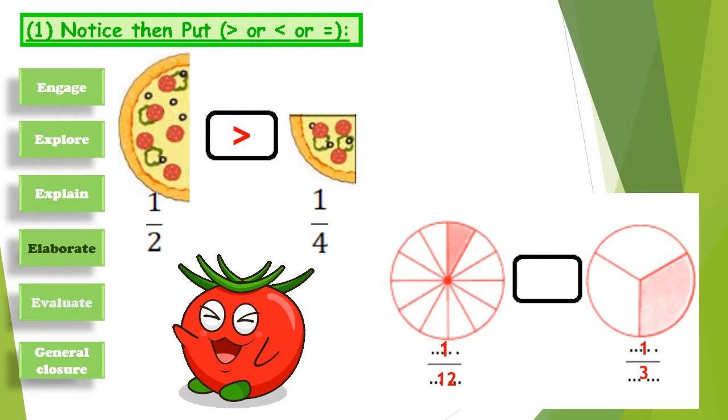Now, which fraction is the greater fraction? Look at the denominator. The fraction that has the smallest denominator has the biggest fraction. Which is the smallest, 12 or 3? 3 is the smallest. So a third is the biggest fraction.